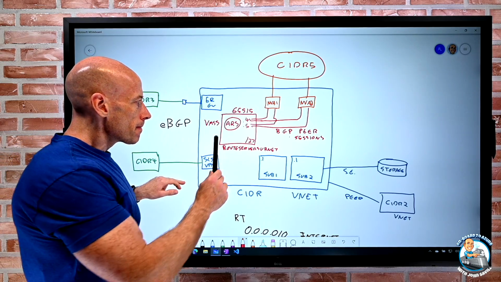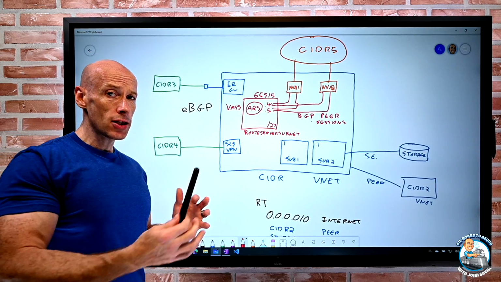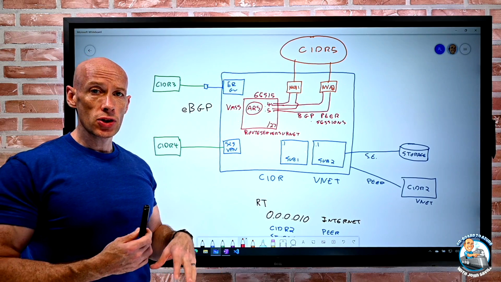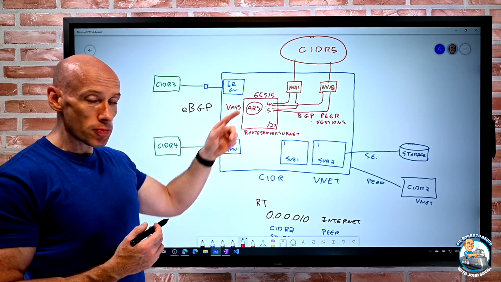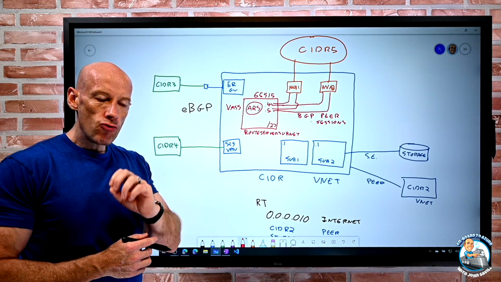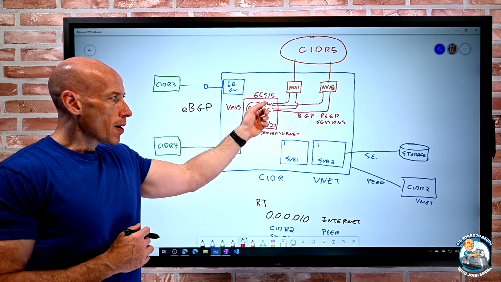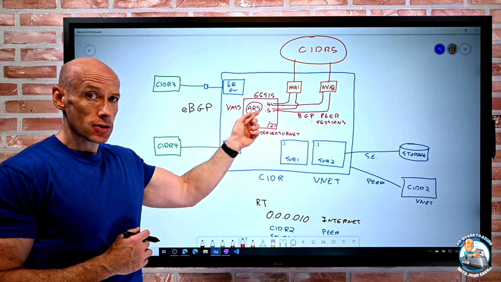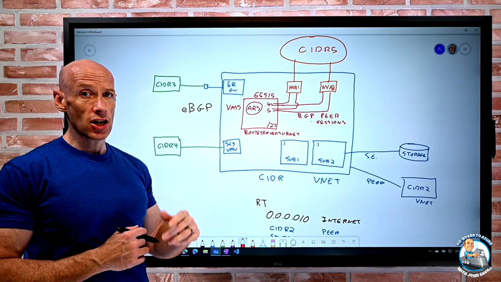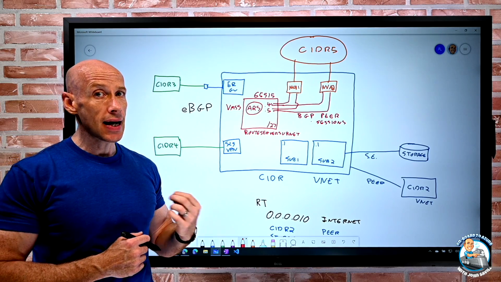Okay, so it deploys at least 2. If the region I'm deploying to supports availability zones, it will distribute them over availability zones so they are resilient. But realize, this is all about exchanging routes. It is not about data flowing. This is not a Azure firewall. It is not a gateway device.